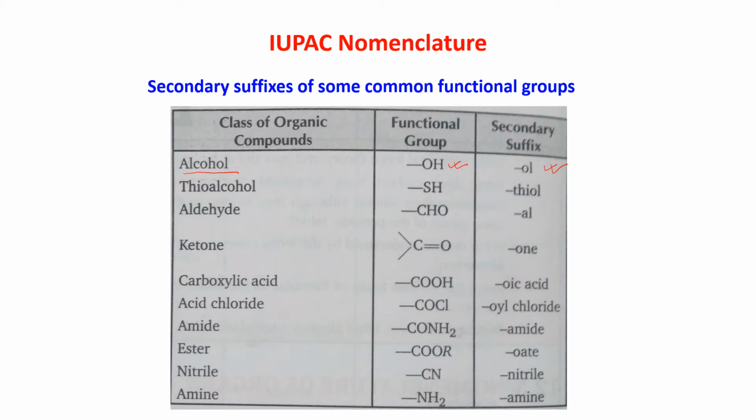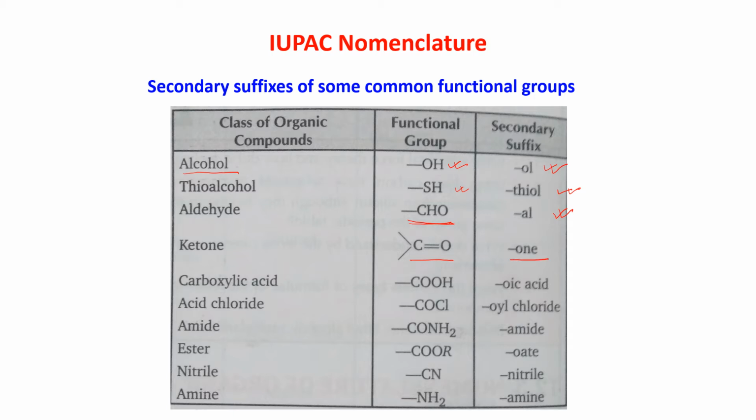If thioalcohol, it is written as SH, and the secondary suffix is thiol. Aldehyde, it will be CHO, and the chain will end with al. If it is ketone, it will be one.